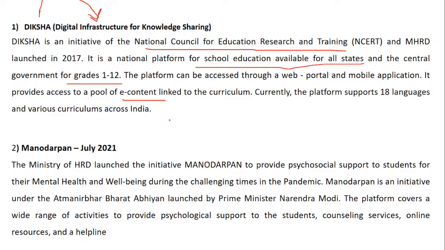So you should have a separate note section for digital initiatives, where you write the name of the initiative, the full form if there is one, the year, the role and what exactly is their objective. So Diksha portal is basically a pool of e-content linked to the curriculum, and this portal currently supports 18 languages from various curriculums across India.